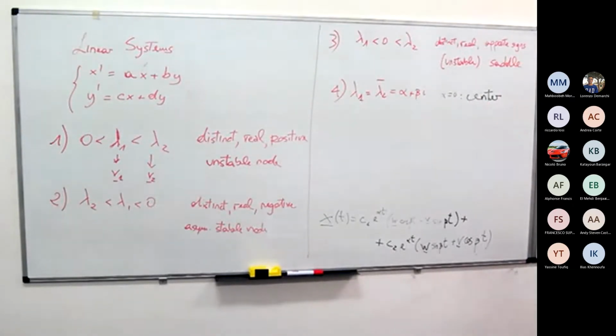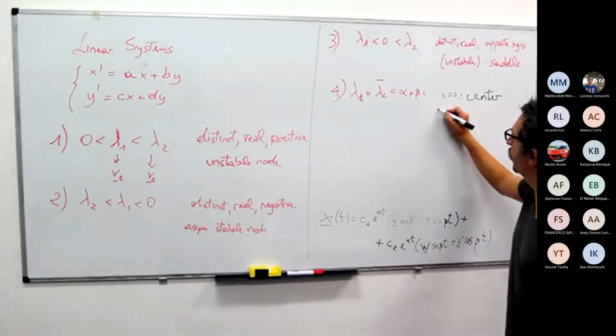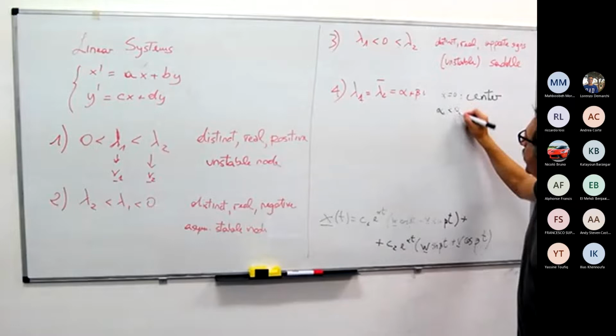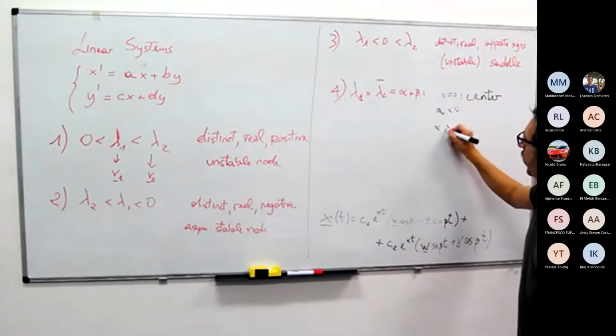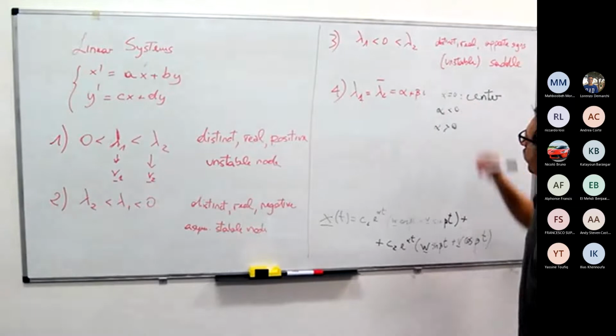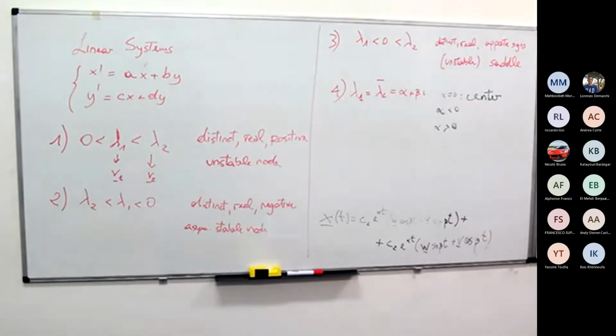What happens if alpha is different from 0? I can have two possibilities: alpha less than 0 and alpha greater than 0. What do you think that I should have in this case?